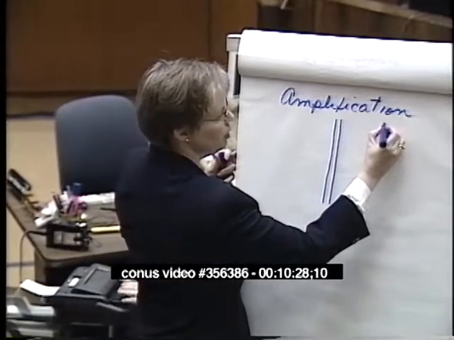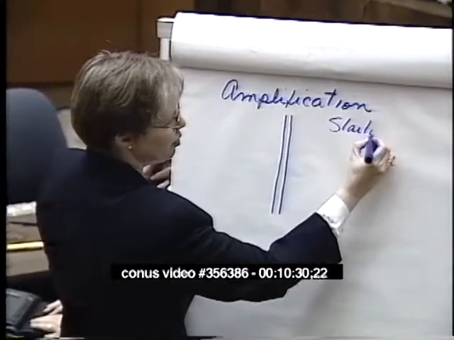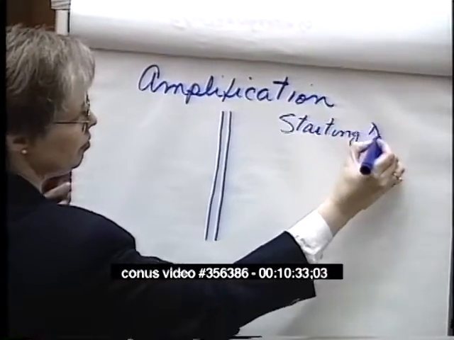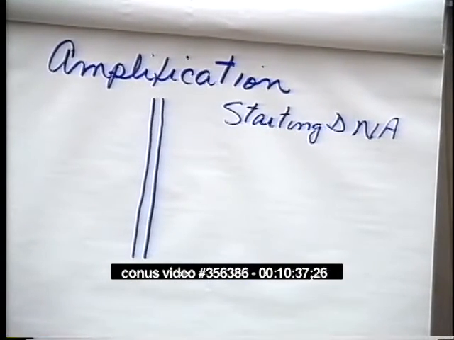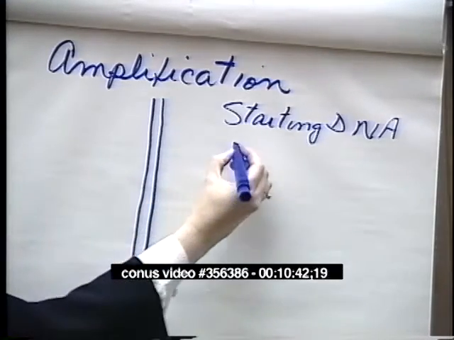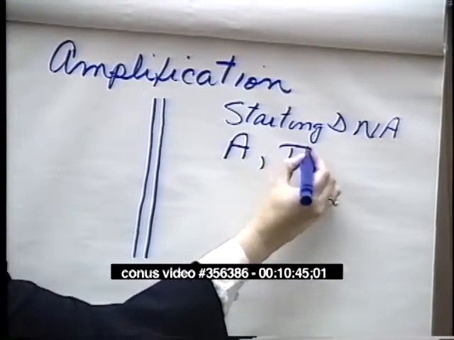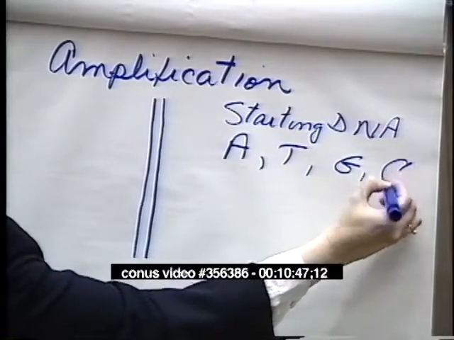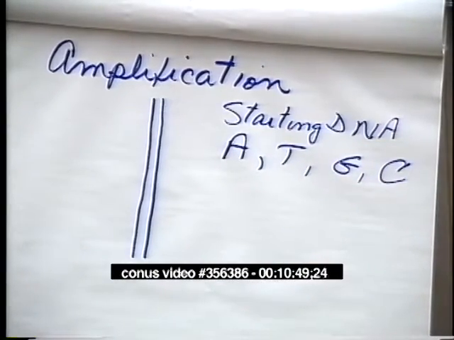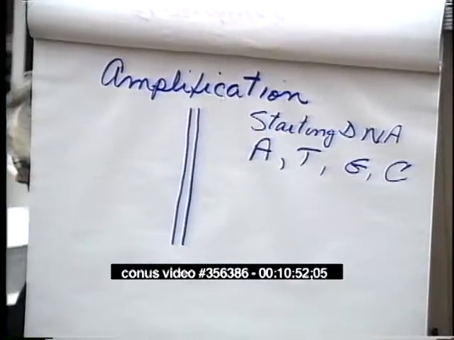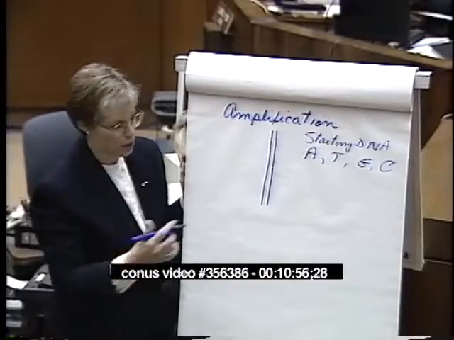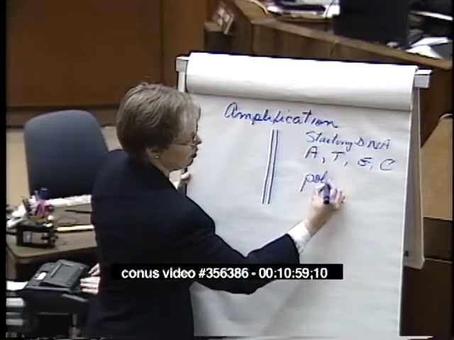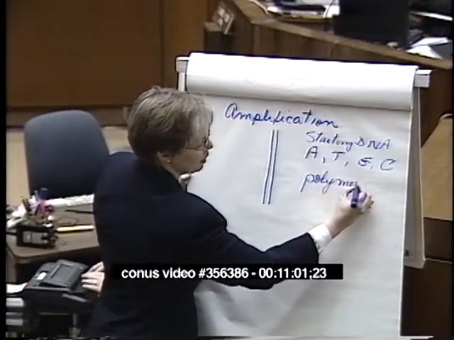So we're going to put in the tube our starting DNA, and we're going to put in the tube a supply of the 4 DNA components: A's, T's, G's, and C's.